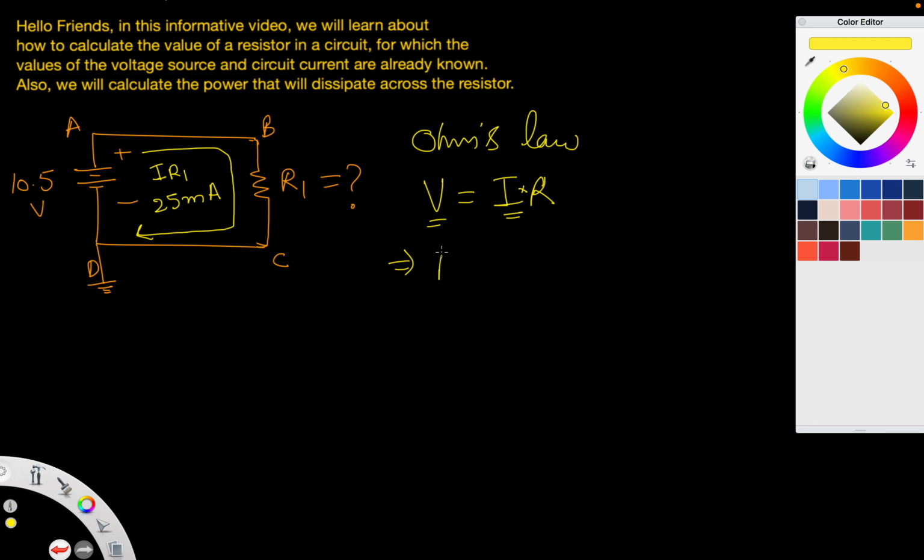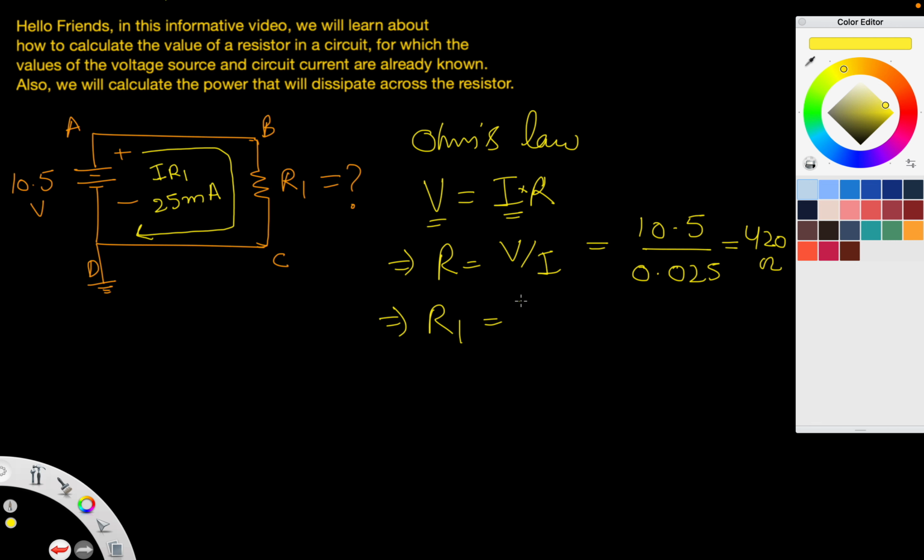So R is equal to V by I. Here the voltage is 10.5 volts and the current is 25 milliamperes, which is 0.025 amperes. If we calculate this using a calculator, we'll find it's equal to 420 ohms. So we got the value of R1 equal to 420 ohms. This is how we calculated the value of resistance.